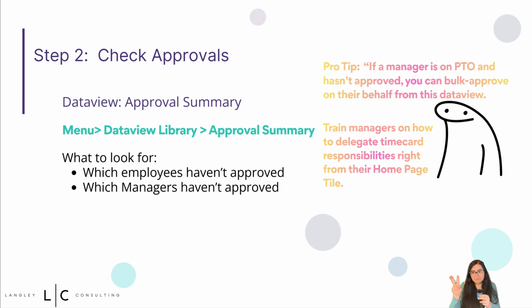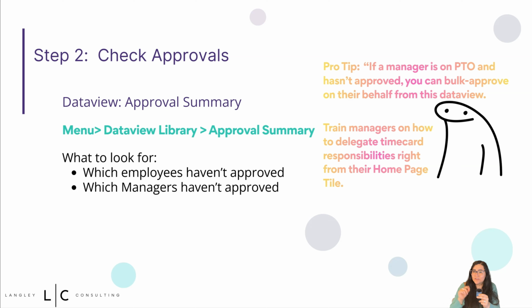Step 2, you review approvals via the approval summary. Patty checks that all approvals are in. She goes to menu, data view, approval summary. This tells her which employees and managers haven't completed their approvals yet. If something's missing, she follows up now. You can't sign off time cards that haven't been approved.